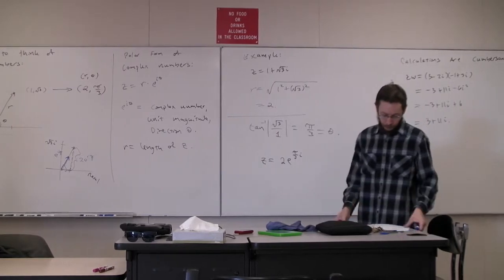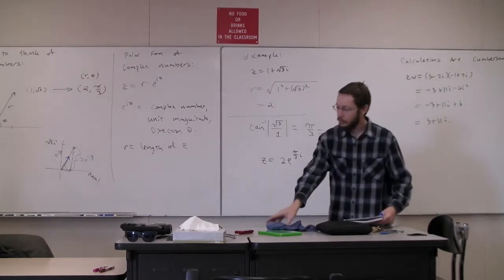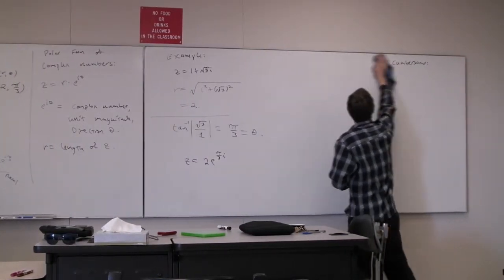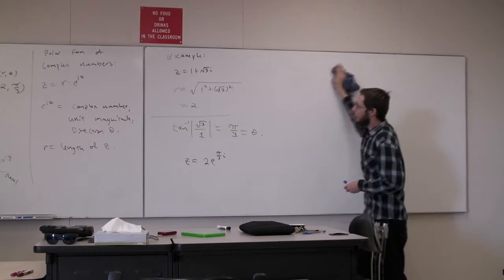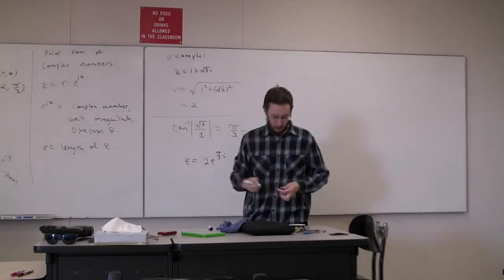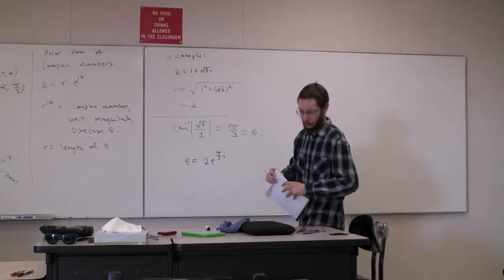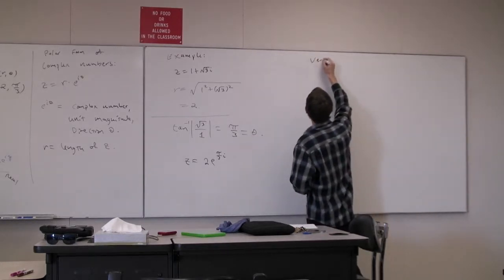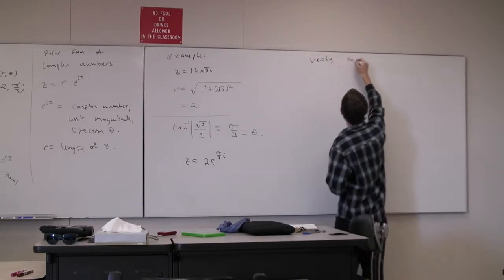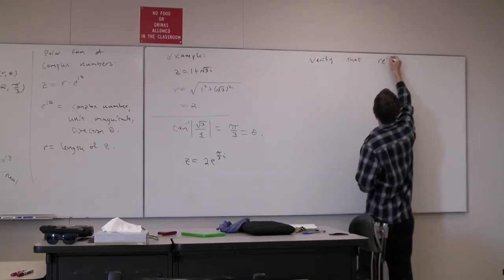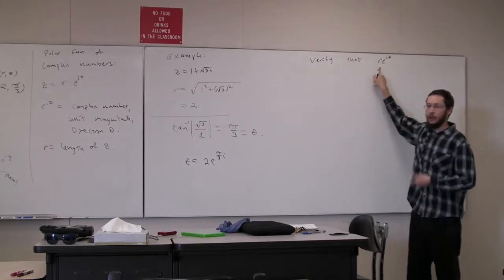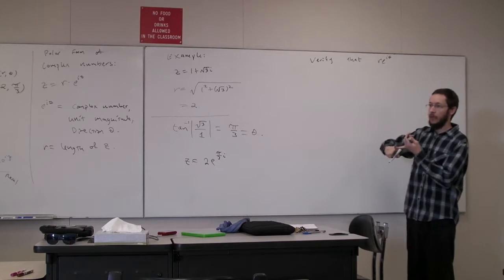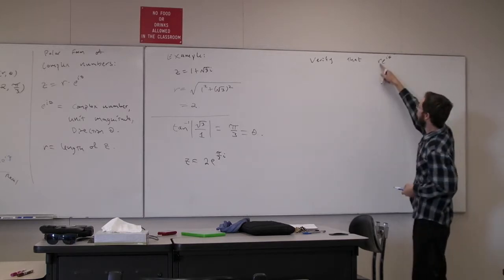And so, just a brief little proof that this really does give us what we think it's giving us. So far I've just told you that re to the i theta is a vector at angle theta with radius r.